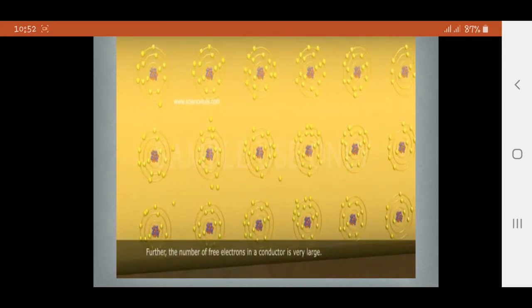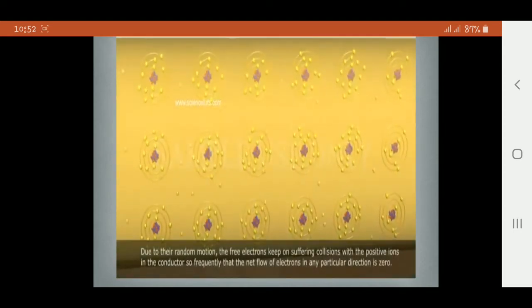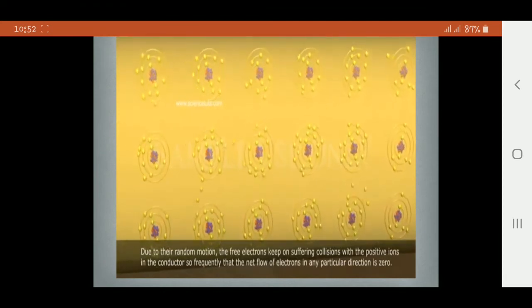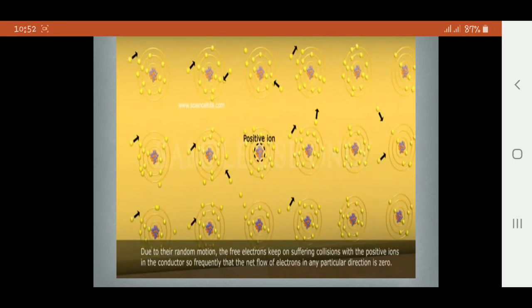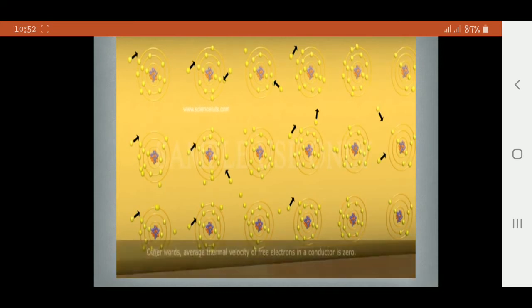Furthermore, the number of free electrons in a conductor is given by N. Due to their random motion, the free electrons keep on suffering collisions with the positive ions in the conductor so frequently that the net flow of electrons in a particular direction is zero, because the motion of all of them cancels the effect of each other, resulting in zero velocity.